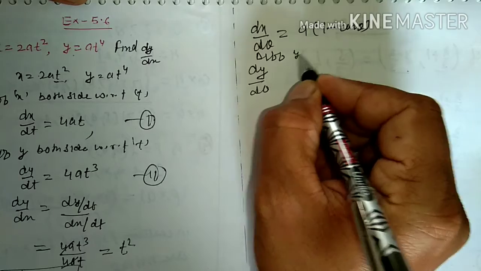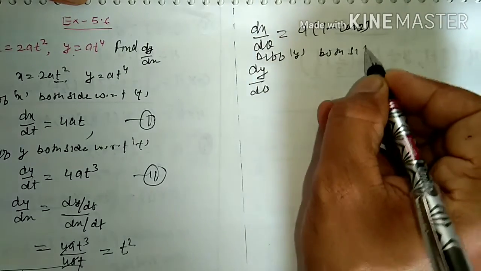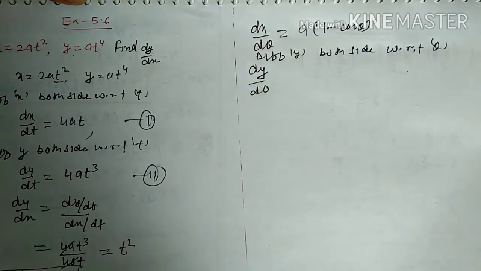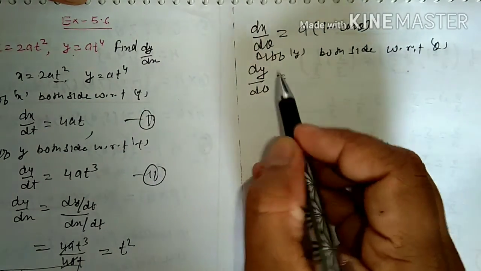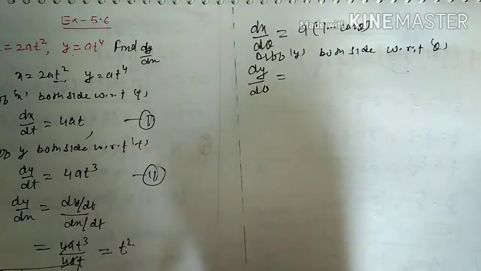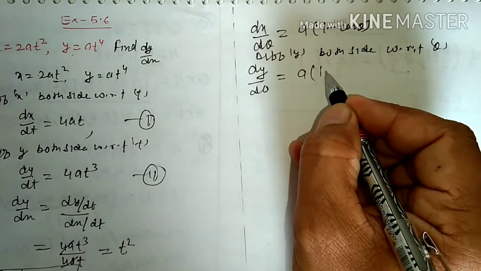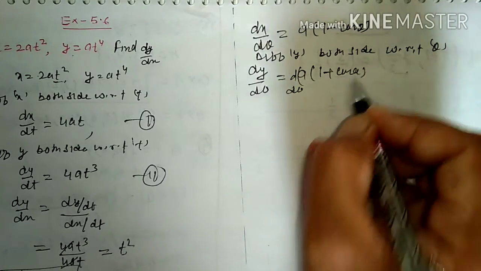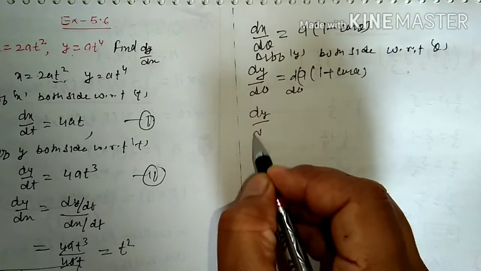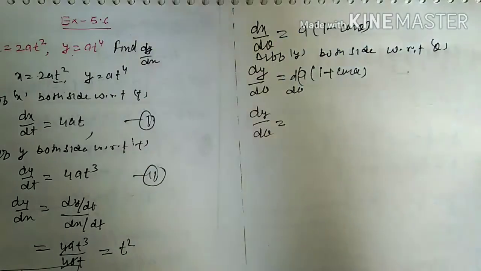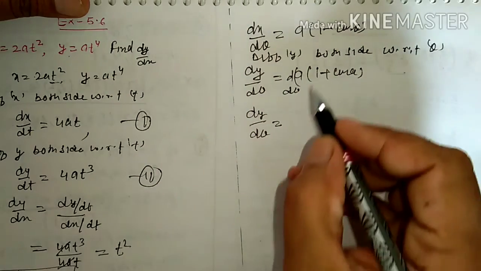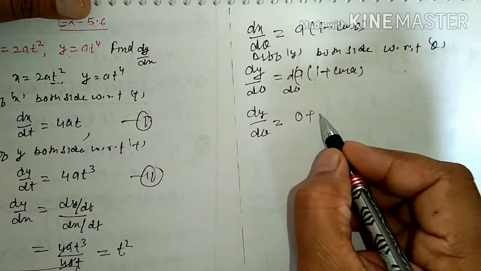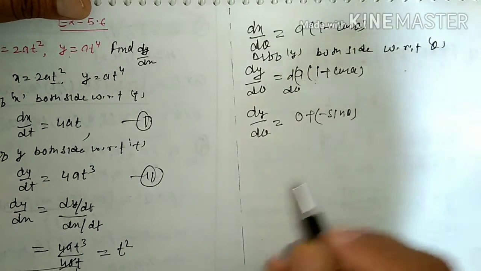Now again, dy upon d theta: differentiating y both sides with respect to theta, we get a times the derivative of 1 plus cos theta. If we differentiate this, 0 plus the derivative of cos, which is minus sin theta.